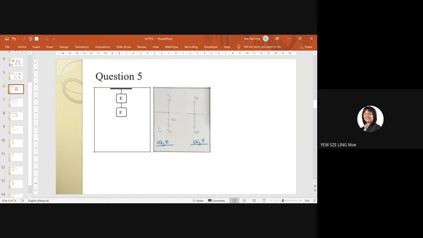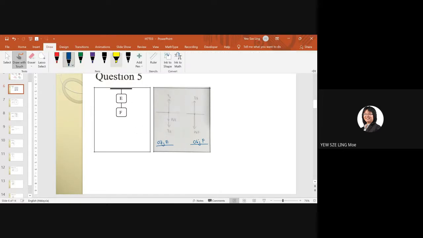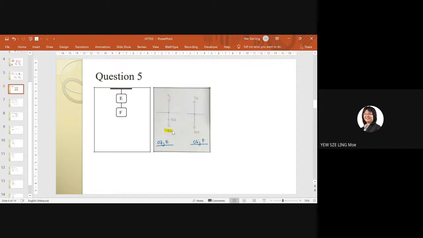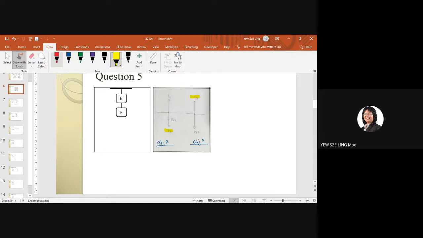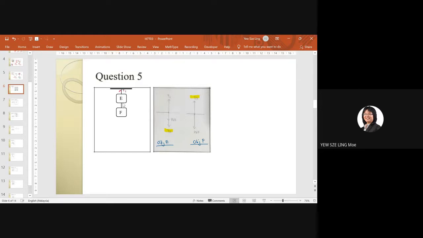Now the reason why I say your answer is wrong is because of the tension. This tension and this tension, T2 and T3, are coming from the same string. You have T1 here, and now this is your second T. Both of them are coming from the same string.